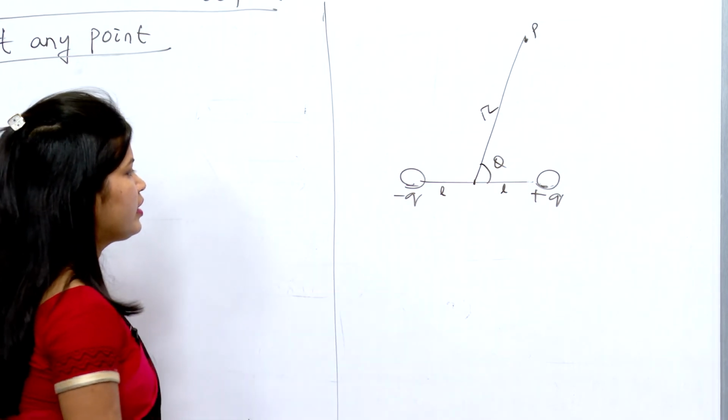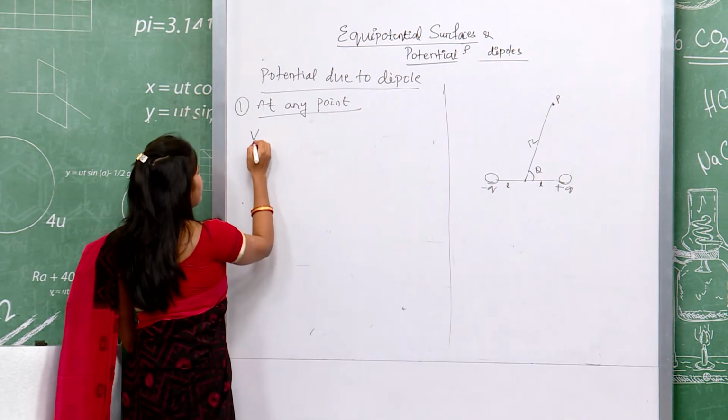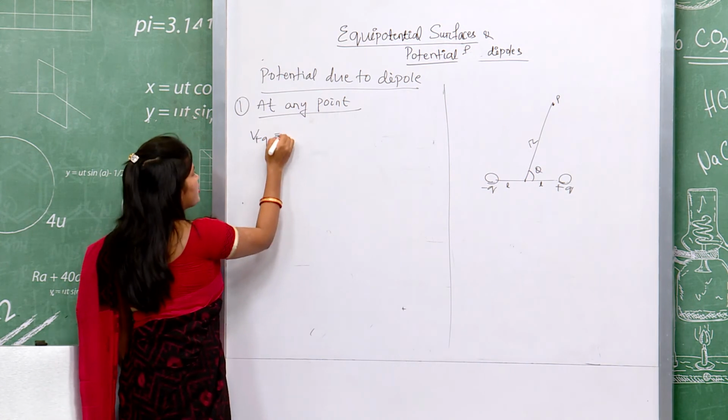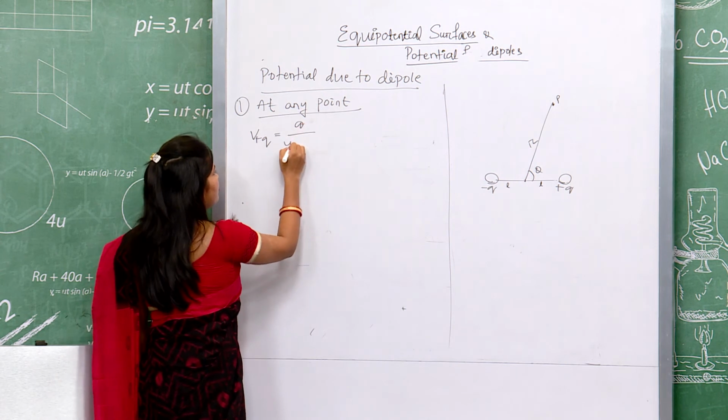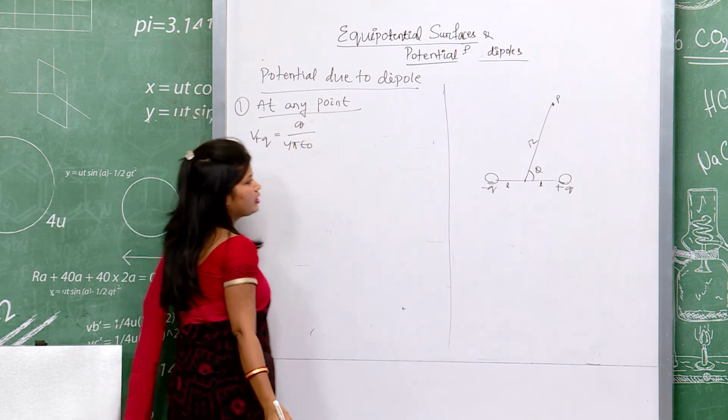Now, I will find the potential due to plus Q, which is Q upon 4 pi epsilon naught times this distance.